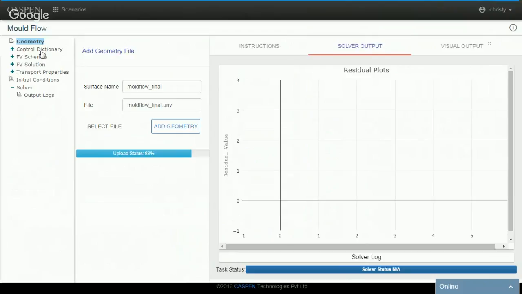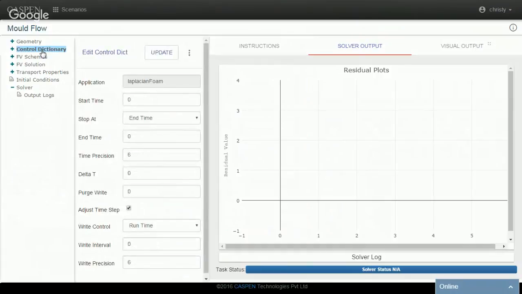So the process of simulation is very simple in this platform. After you have completed uploading, you will get a geometry file uploaded status, and then we will move on to defining the time.